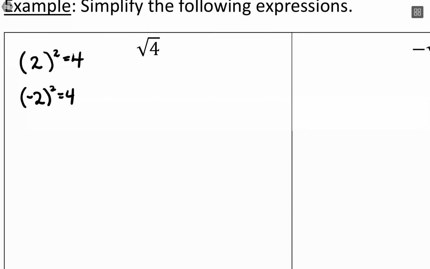However, in simplifying, we just want one value coming out, so we just use the positive. So that's where principal comes through. So we would just say that that is equal to 2. In the process of this, we lose the radical symbol because we're getting that square root value in there.